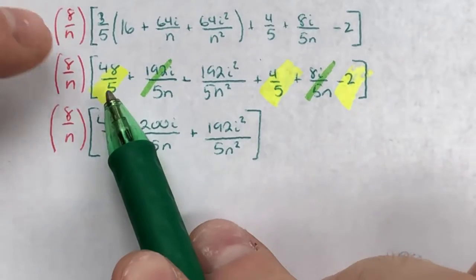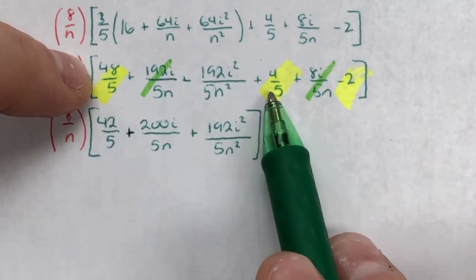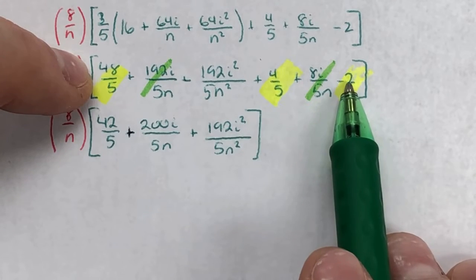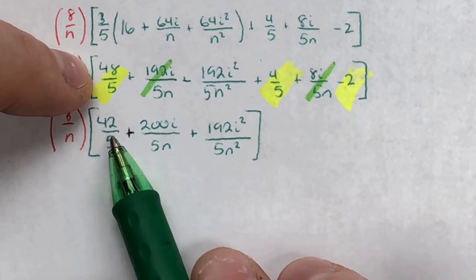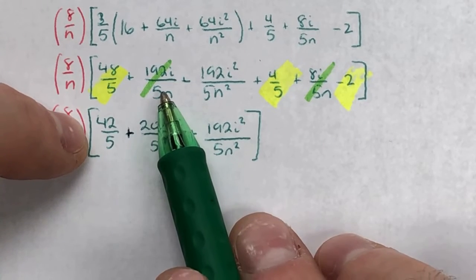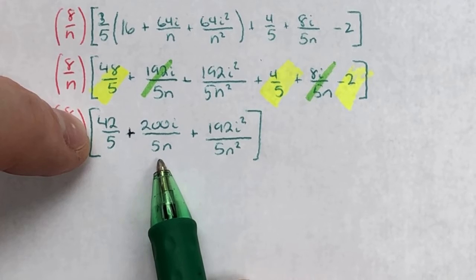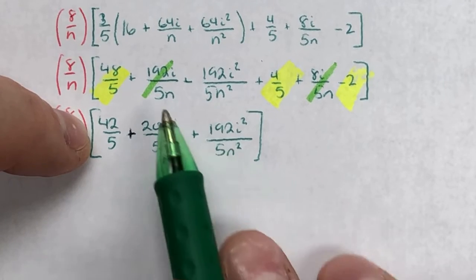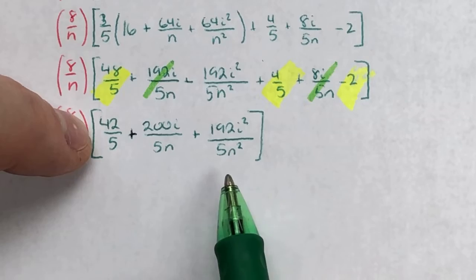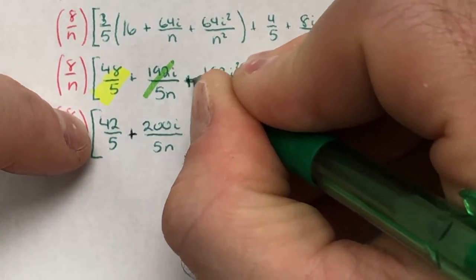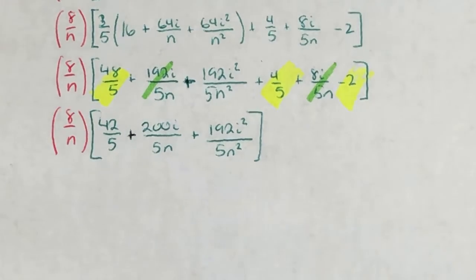So we see that 48/5 plus 4/5 minus 2, that's going to make it 52/5 minus 10/5, which is 42/5. The 192 plus 8, both over 5n, is going to give us a 200 over 5, which is going to reduce. And then we're going to have that left over plus 192. In fact, let's inscribe that a little more clearly. Plus 192. Now at this point, we can go ahead and start combining.